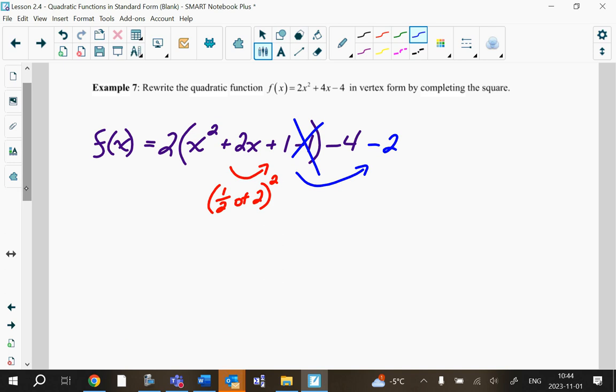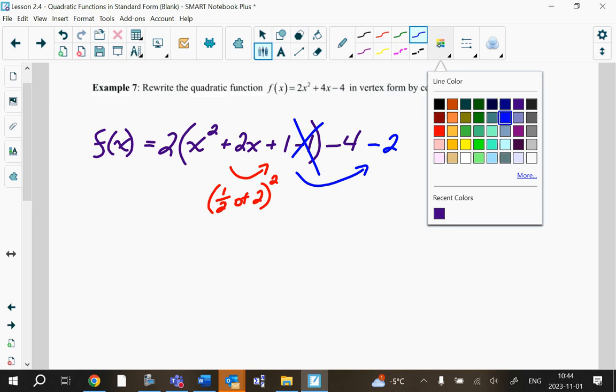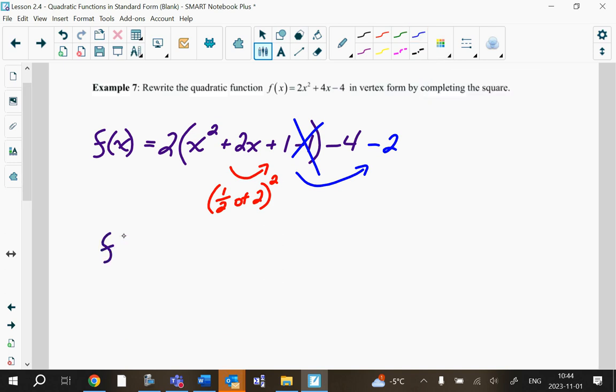Okay, so let's wrap this up. Don't forget, there's still a 2 in front. Now we're going to factor the trinomial, and -4 minus 2 becomes -6 at the end. x plus 1, x plus 1.